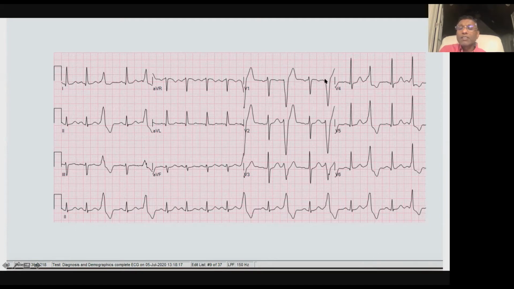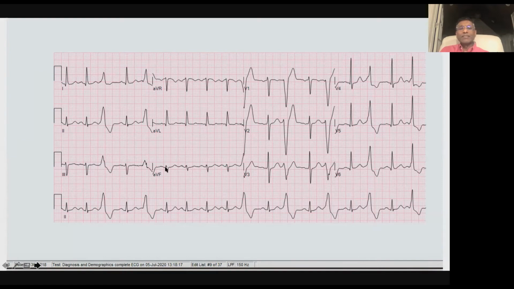There's a little small notch there. There's a small R wave, but I'm almost thinking this looks fairly typical. If you actually measured it, it's probably about 80 milliseconds from where it starts to where it peaks over here. Not the best example for that, because you can see the variation between that beat and that beat. I think I put this up to remind me to talk about the lead here.